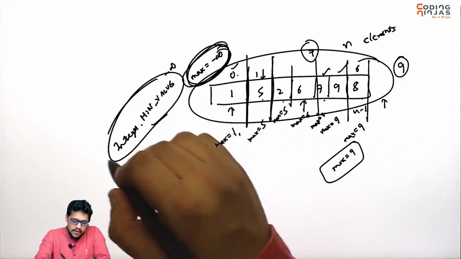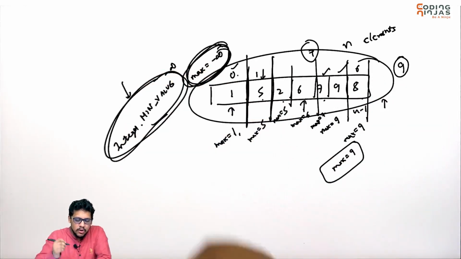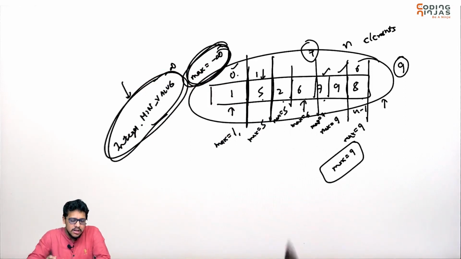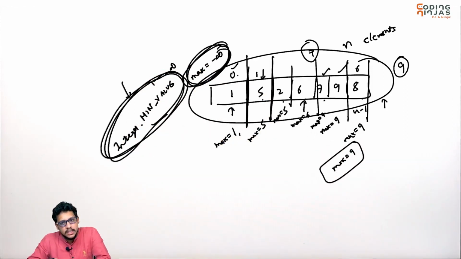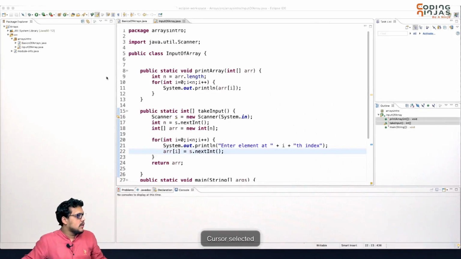So if we have an array of 0 elements, our answer will be Integer.MIN_VALUE, because there can be negative elements as well. This is the smallest integer available in Java, and we can initialize the default value of max with this. Okay. So let's quickly solve this question through the code, and let's do it in a separate file.